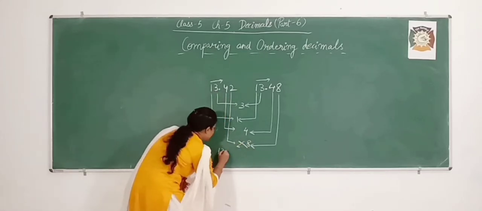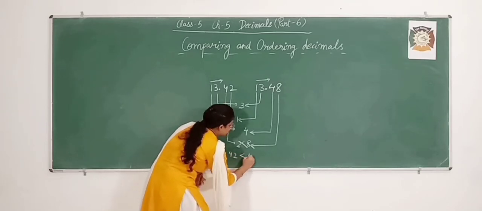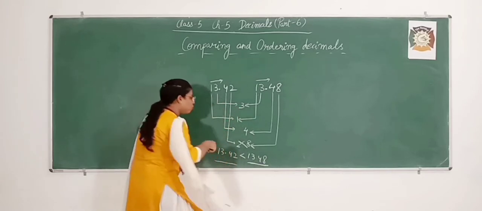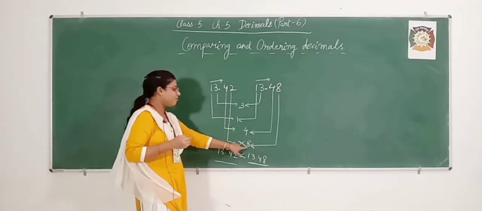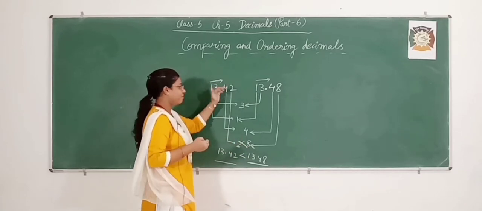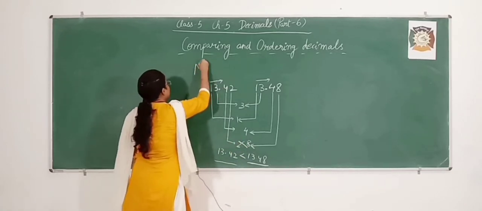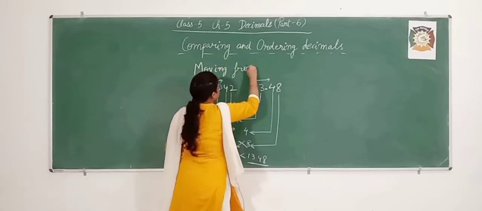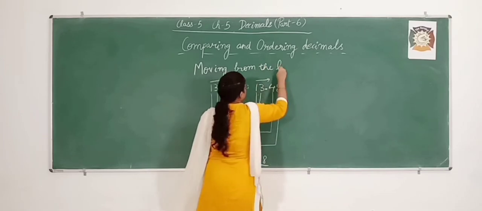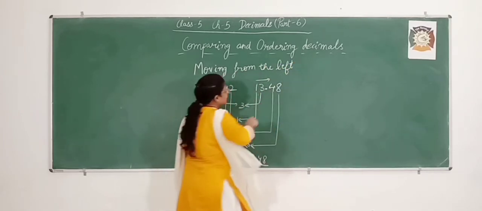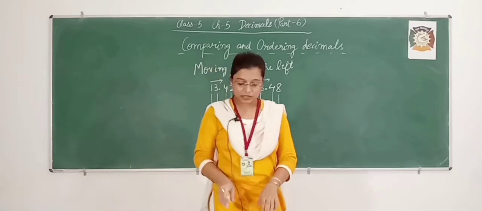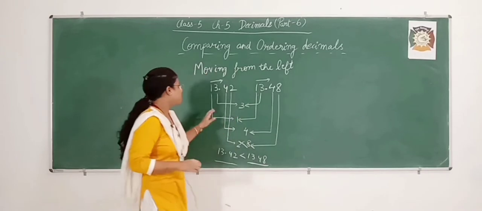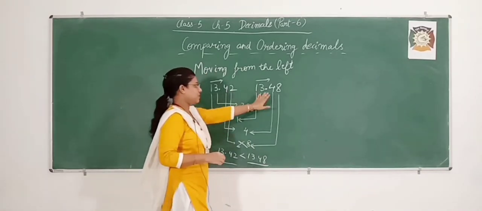So that means 13.42 is less than 13.48. 13.48 is greater than 13.42. As soon as you obtain a different digit moving from the left. So you must remember you have to start moving from the left side. If you move from the right side, then there may be a problem. Then you may not get the correct answer, right?